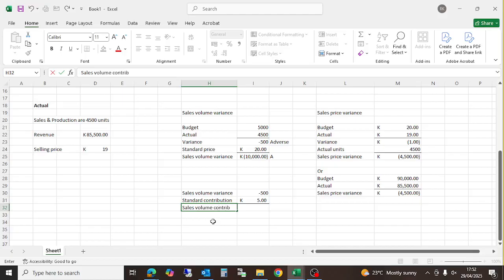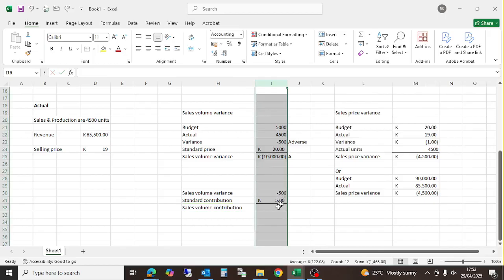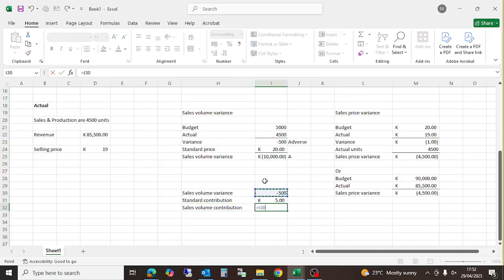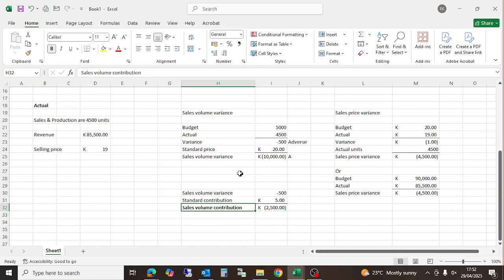We subtracted the variable cost from the selling price. So it will be the 500 multiplied by the 5, and then our sales volume contribution variance will be 2,500. Our sales volume variance will be 10,000, and our sales price variance will be 4,500 kwacha. So now we calculate our sales variances. It's making sense now.